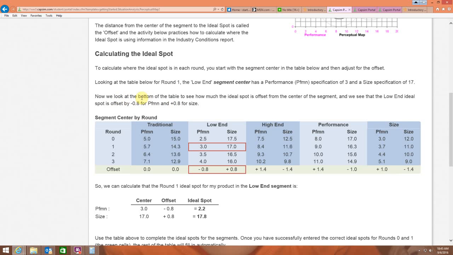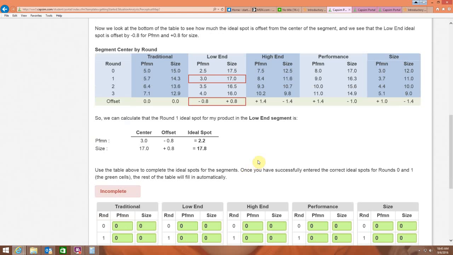But if we look at the bottom of the table, we see how much it should be offset, okay? And these offsets stay the same throughout the game. Throughout the rounds, the amount of the offset will stay the same. Obviously, again, remember the customer demand keeps moving. So in the low end, and this always kind of gets me, but we're working on the low end here.